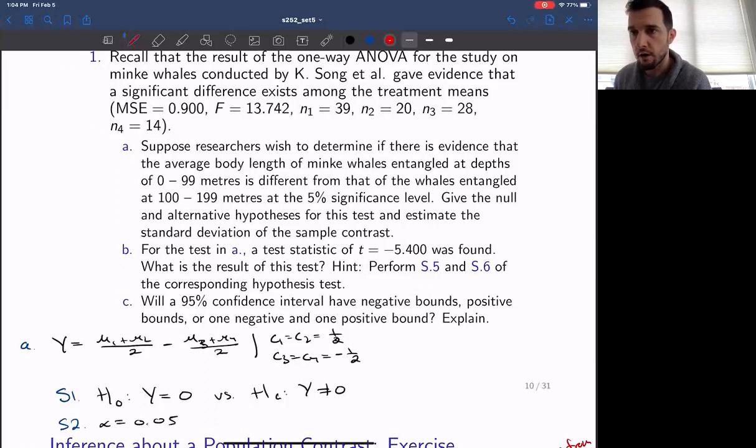We have 4 treatment means, and we are interested in part A. Part A reads, researchers are interested in determining if there is evidence that the average length of the whales between depths of 0 and 99 is different from the lengths of the whales between depths of 100 and 199 at the 5% significance level. So we're just constructing a hypothesis test for the difference between the average of the first 2 means and the average of the second 2 means.